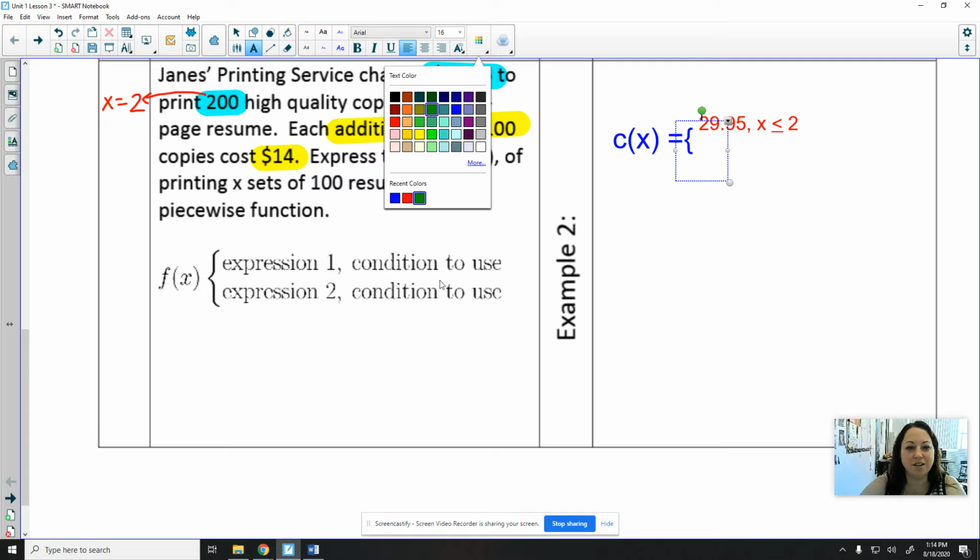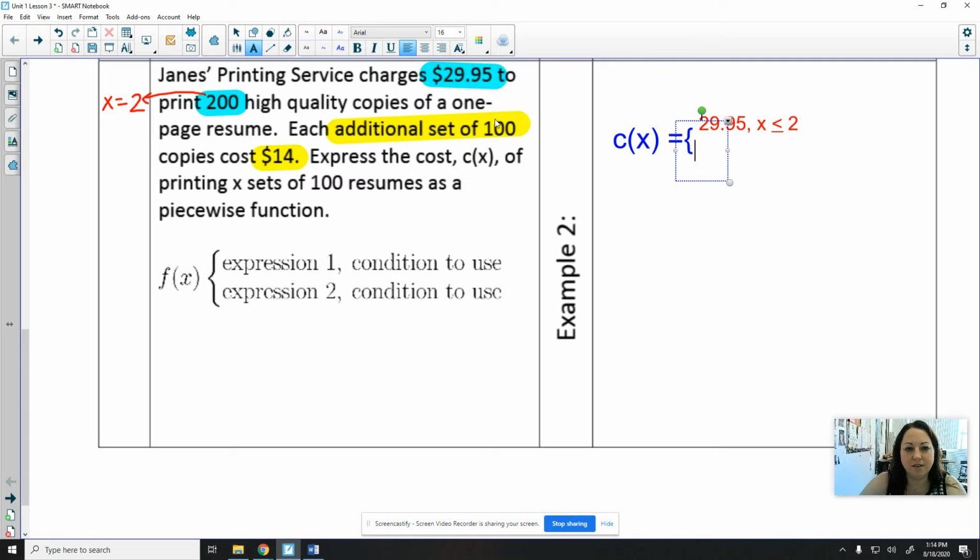And the second condition tells me that it is still going to be $29.95 for those first sets, just like we did on the last one about the ad length. We're still going to pay $29.95 for the first 200 sets, but each additional set is going to be $14. So we're going to set up our 14 here.